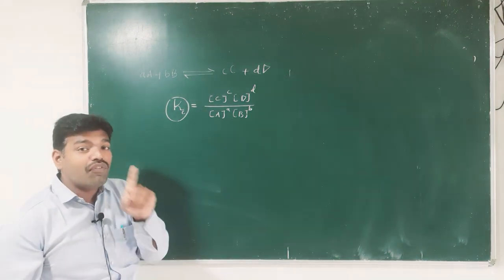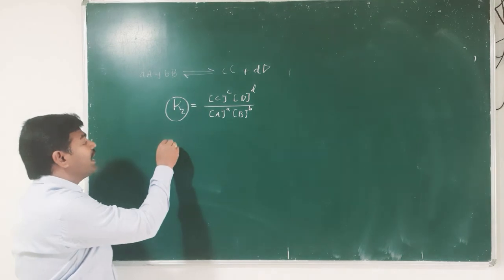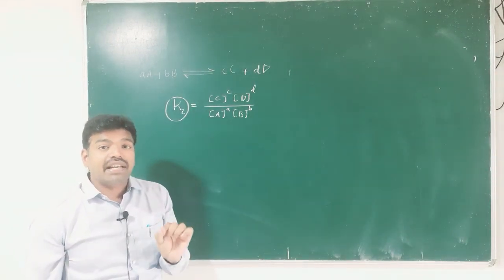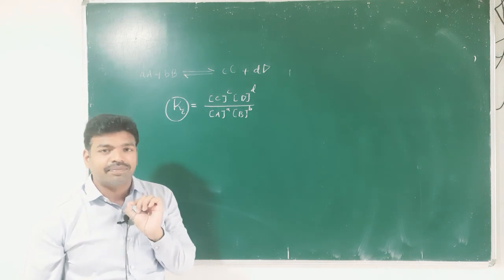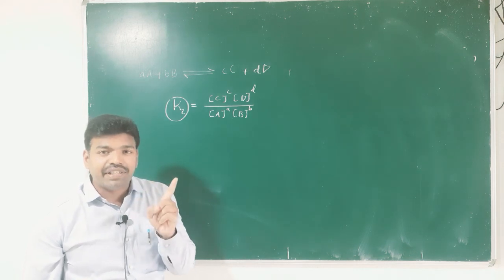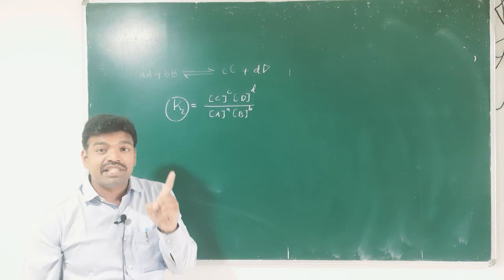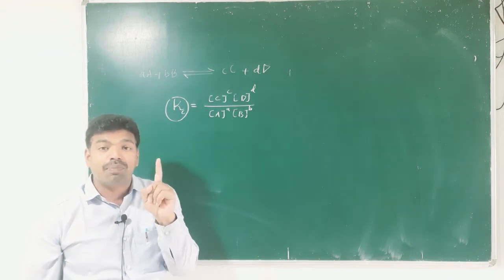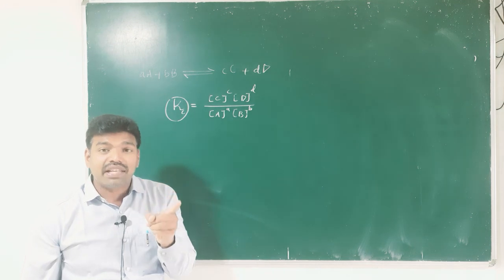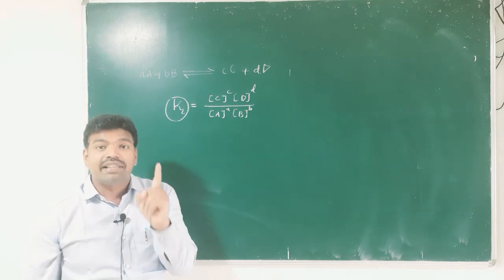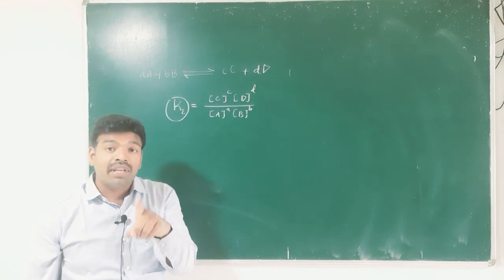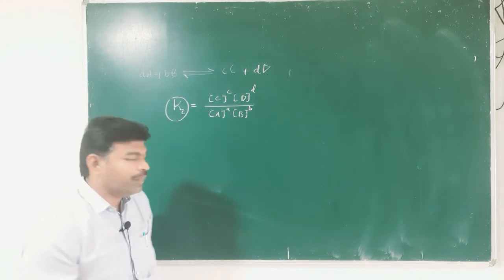The value of the equilibrium constant K is a measure of the extent to which the reaction proceeds. I repeat, the equilibrium constant is a measure of the extent to which the reaction proceeds, and that can be known from the equilibrium constant value, right?